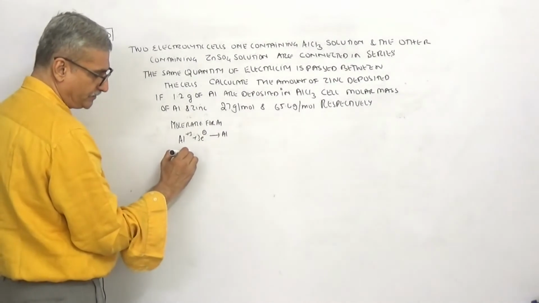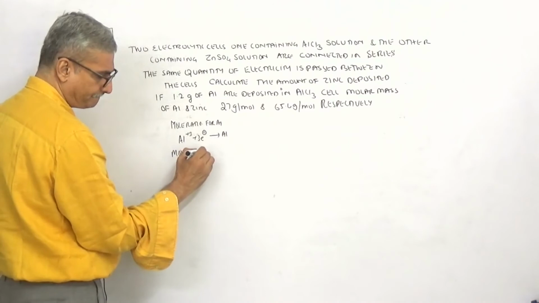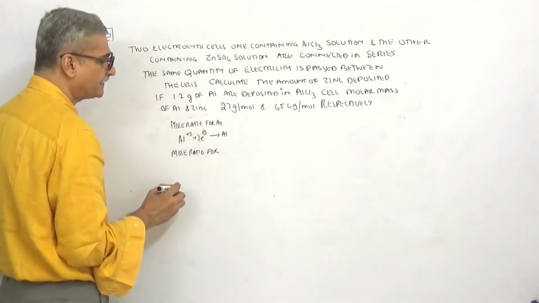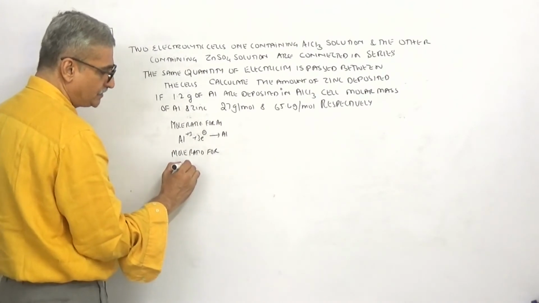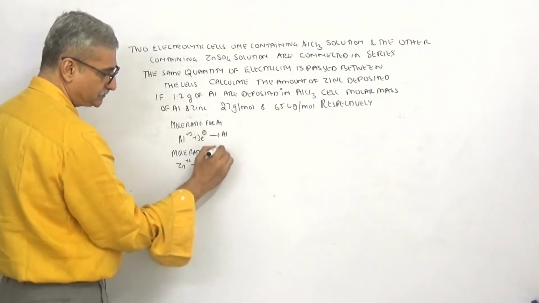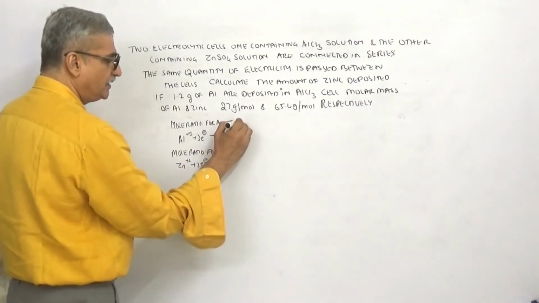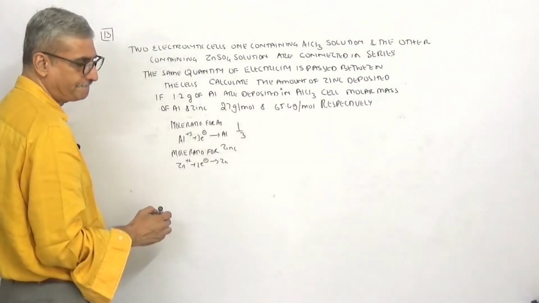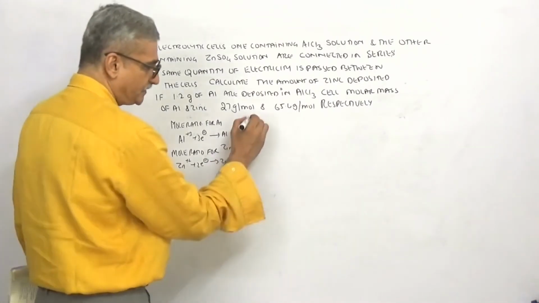Then we have mole ratio for zinc. So zinc plus 2 electron forms zinc. So this is 1 by 3 and this is 1 by 2, that is 0.5.